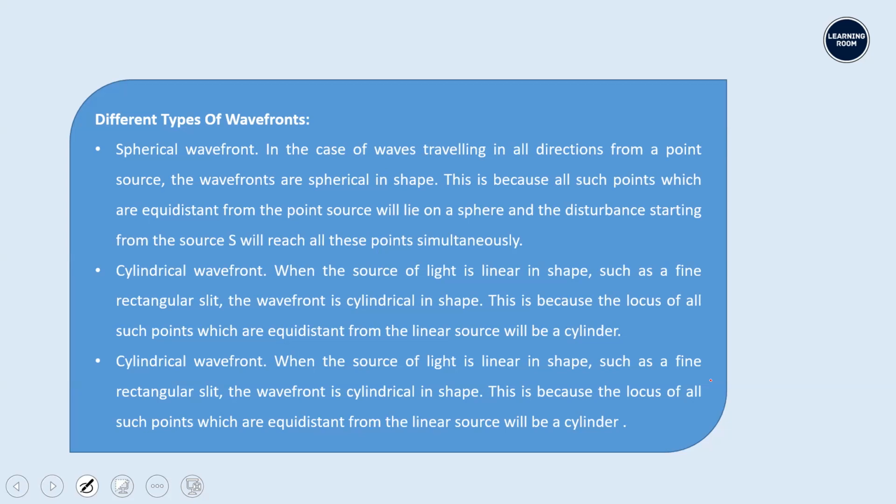That depends on what kind of source you are going to use. Depending on the type of the source, wavefronts are classified into three types, namely spherical, cylindrical, and the last one is a plane wavefront.